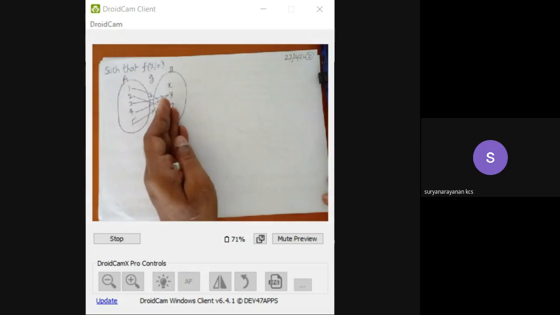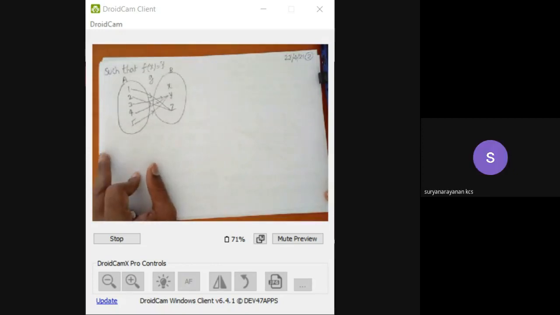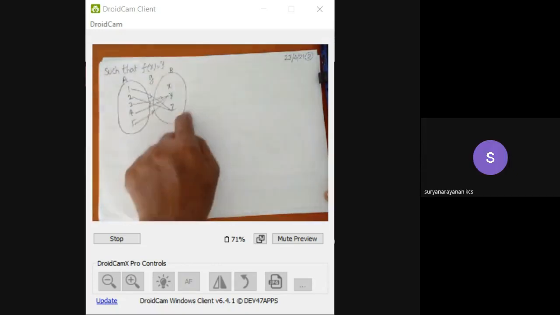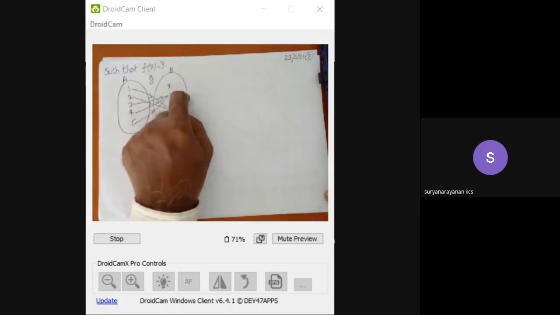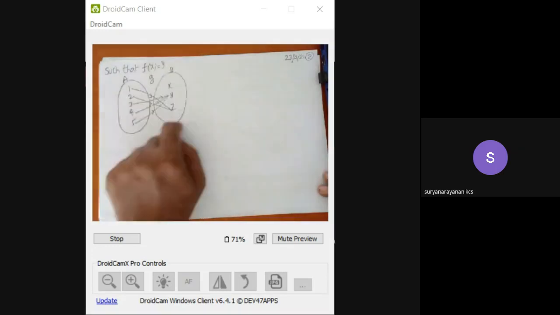There is no need of forgetting. Here, just observe the diagram and tell me the answer.